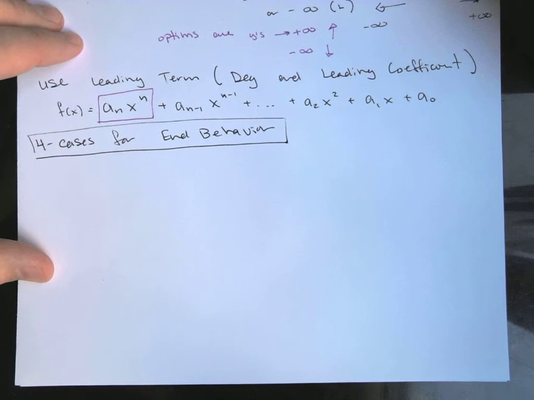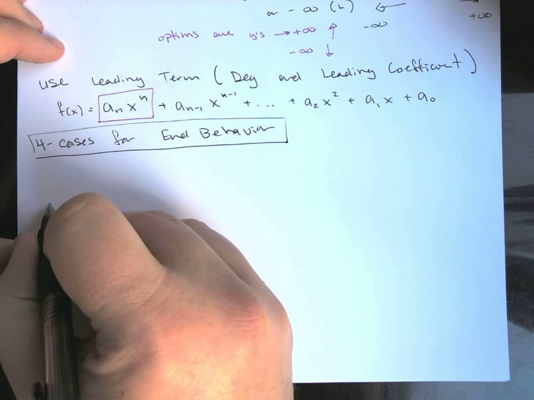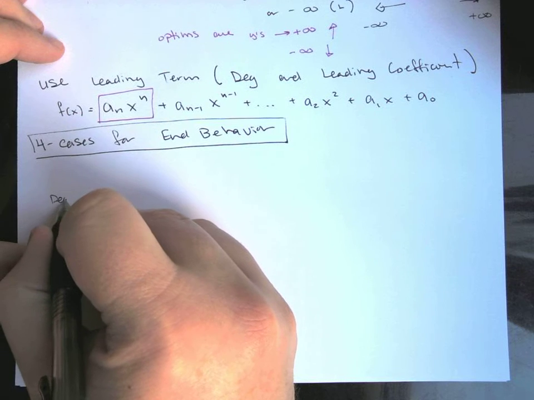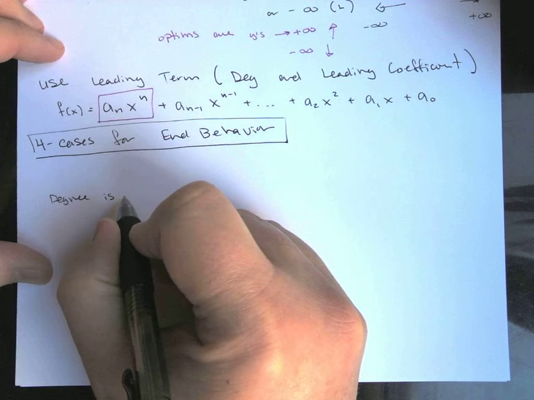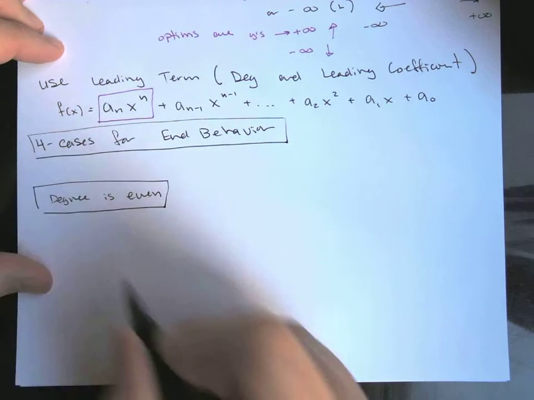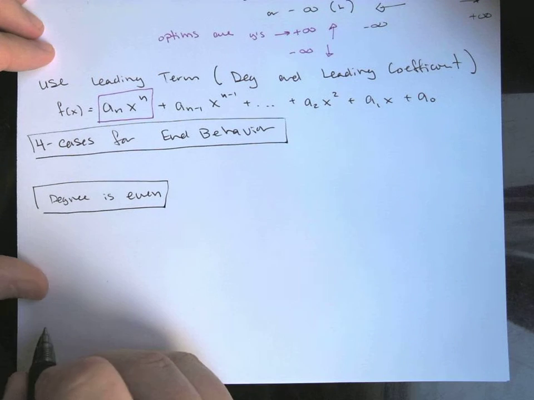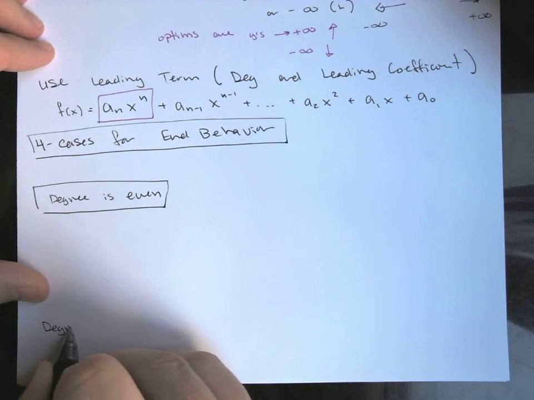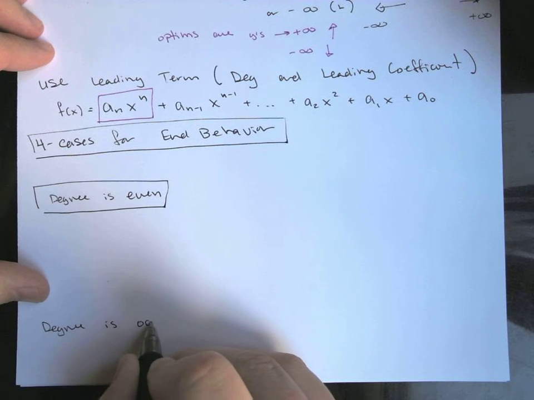How are we going to divide this up? Let's say degree is even, and we'll do this as a branching kind of exercise, versus degree is odd.